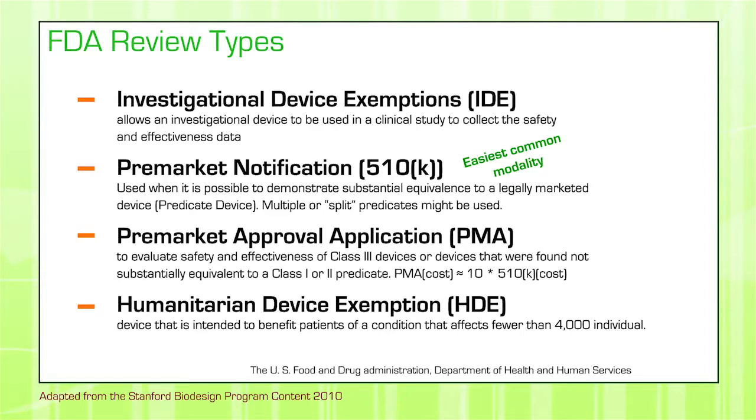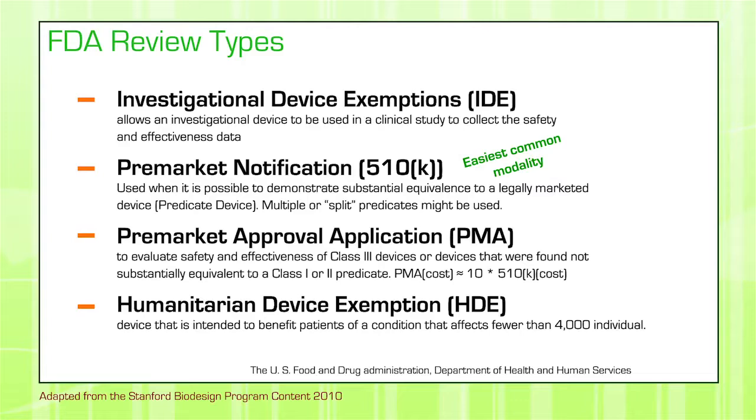The first one is the investigational device exemption, the IDE, which is a process that allows you to investigate your device through a clinical study to collect safety and efficacy data. What you're going to see is that even before you can bring this into the market, most of the time for class 2 and 3, you're going to have to bring data on these 2 endpoints.